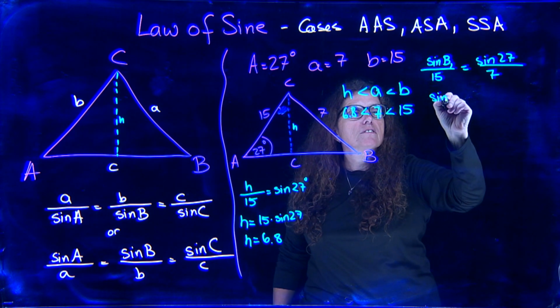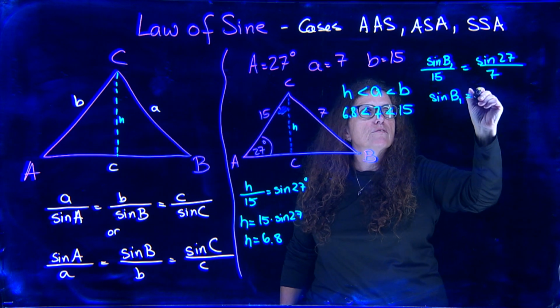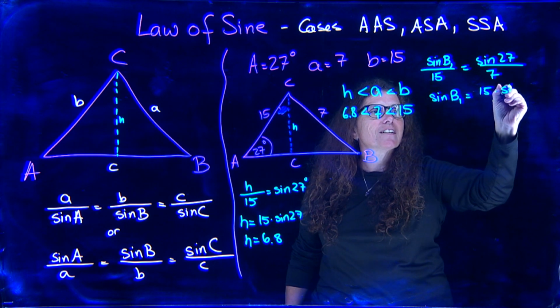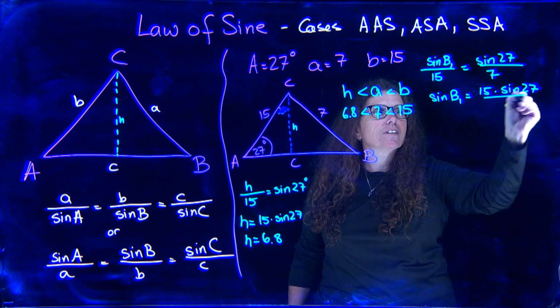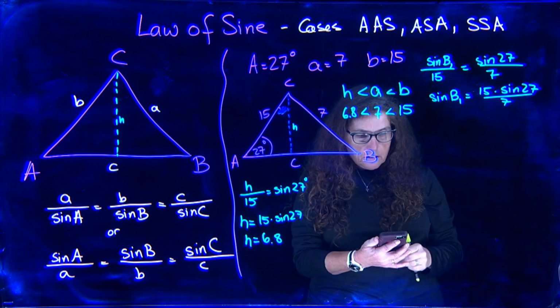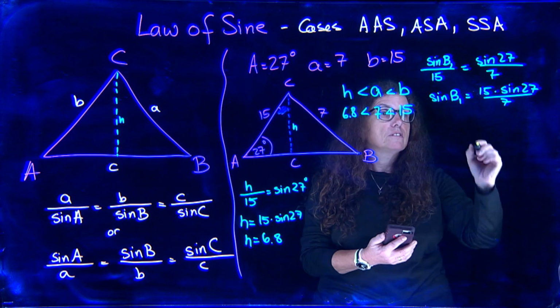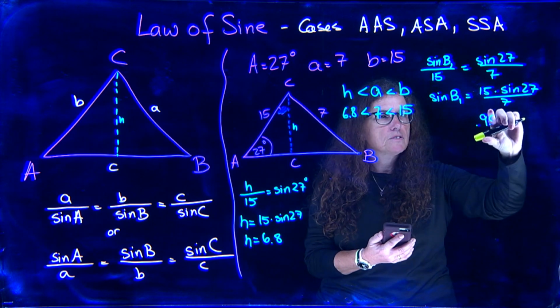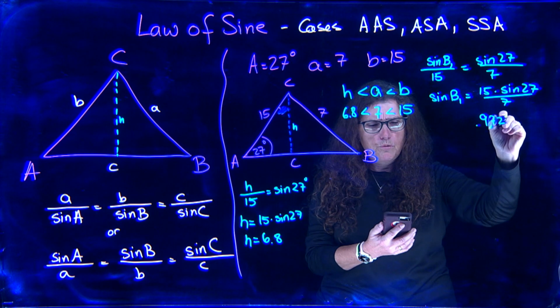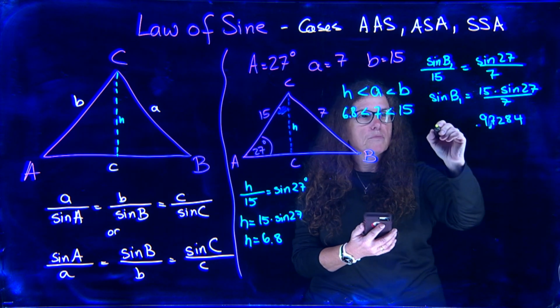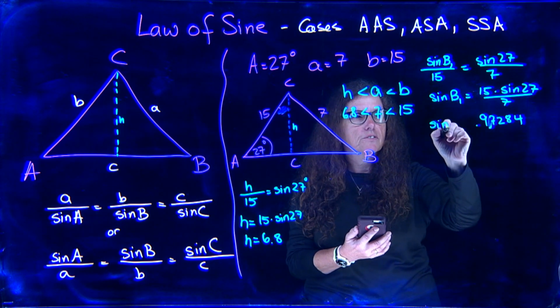So sine of B1 equals 15 times sine of 27 divided by 7. Okay, 15 times sine 27 divided by 7 is 0.9724. Use as many decimals as you can.